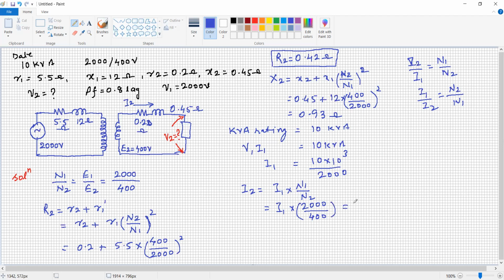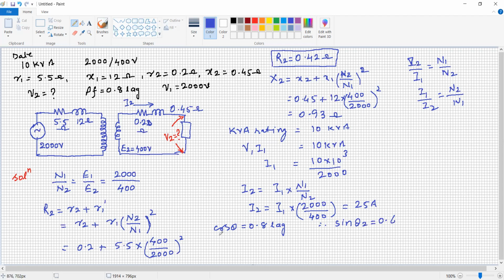So we get I2 equal to 25 ampere. Now the power factor is given: cos theta is equal to 0.8 lag. So sin theta is 0.6.